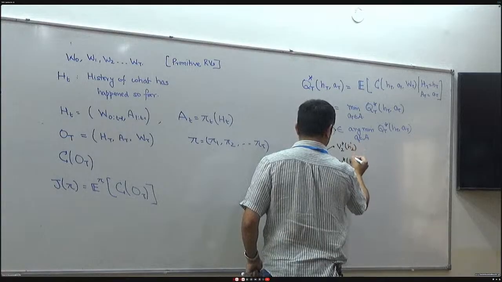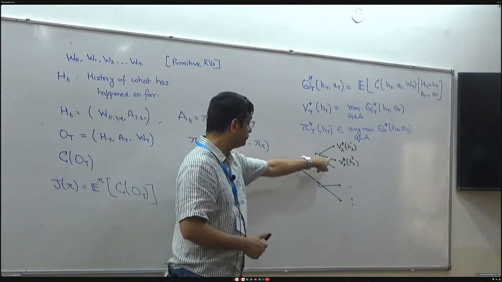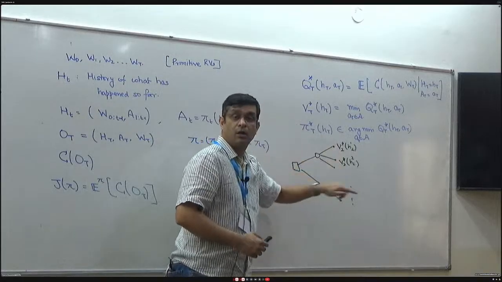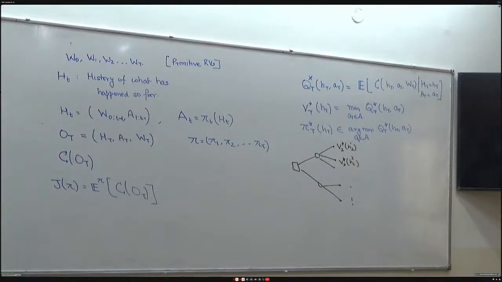H21, H22, these are different histories, right? So for each one of these, I have now computed a value at that node, which is the cost to go if my system was starting at this node of the tree and I had taken optimal actions in the future. Okay.